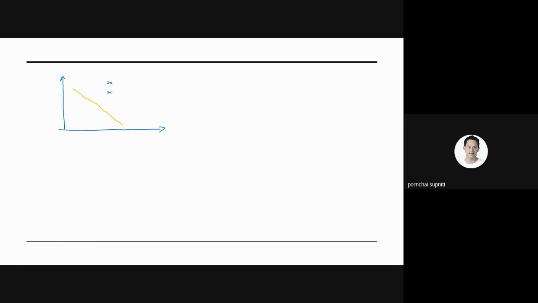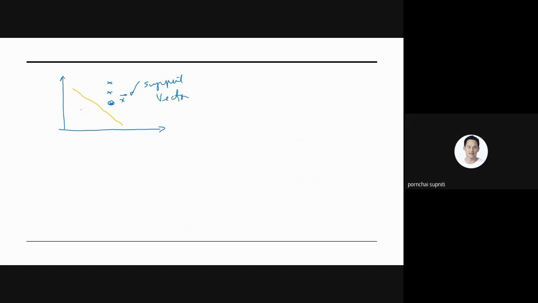Let's say this is the data on this class on the right side of the boundary. And let's call this one a support vector because it's closest to the boundary. So this will be a support vector to build the boundaries.